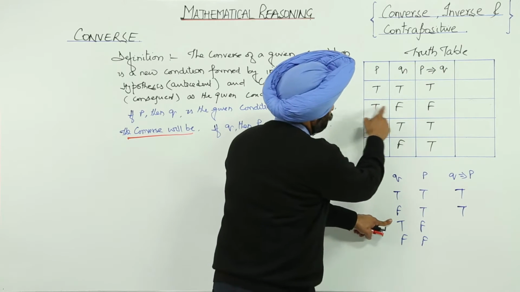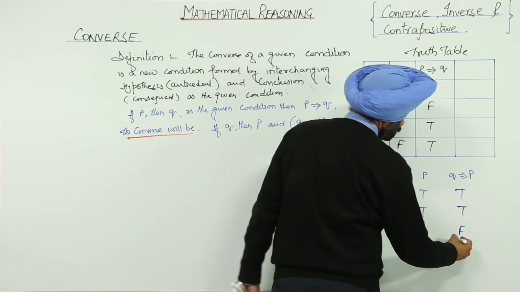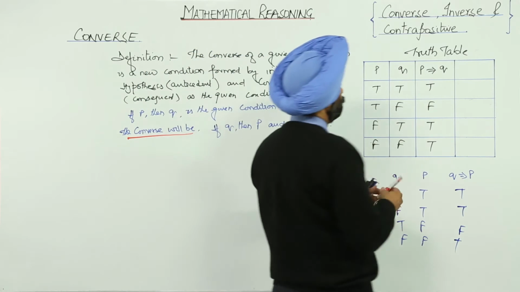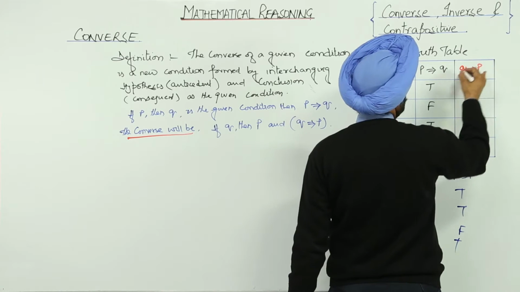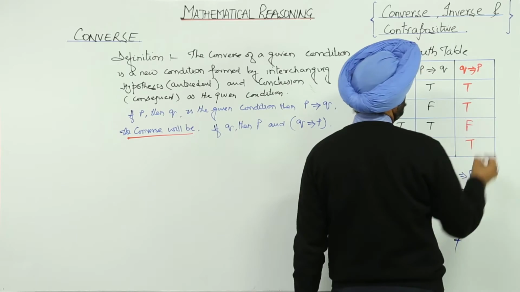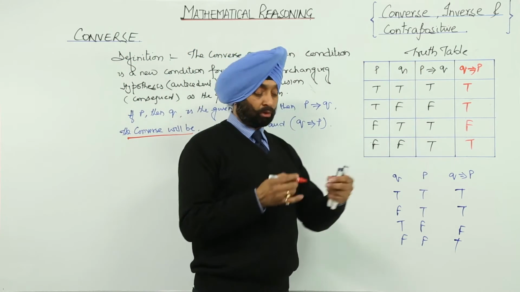True and false is false, and both are false, so this will be true. Okay, so we can fill it in. Q implies P will be true, true, false and true. If we just change it, then there will be a change in the truth table also.